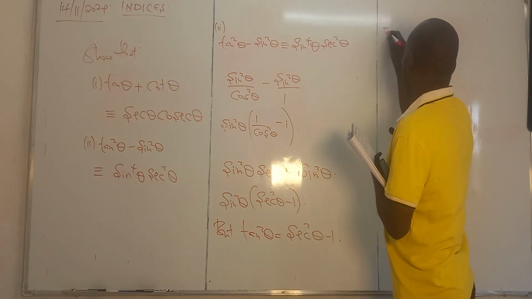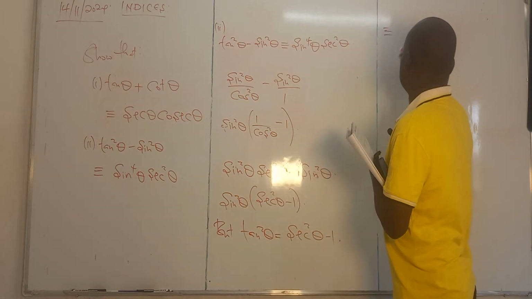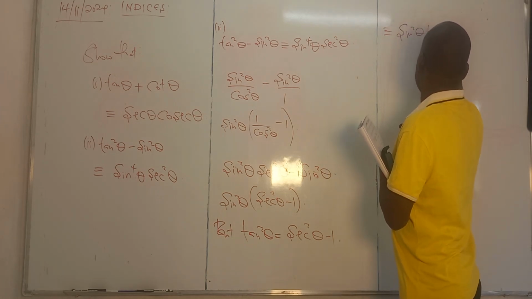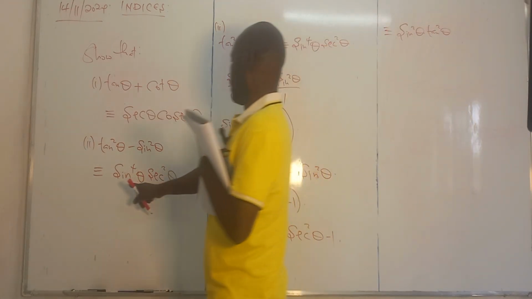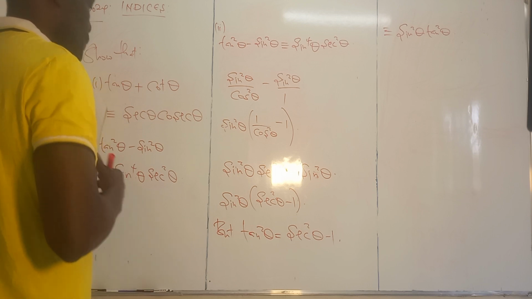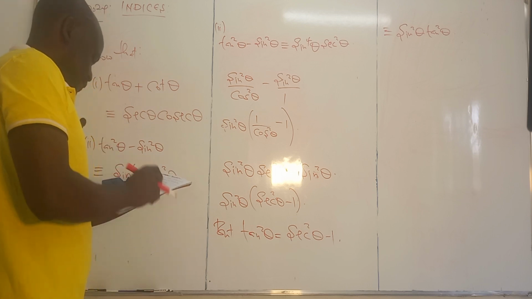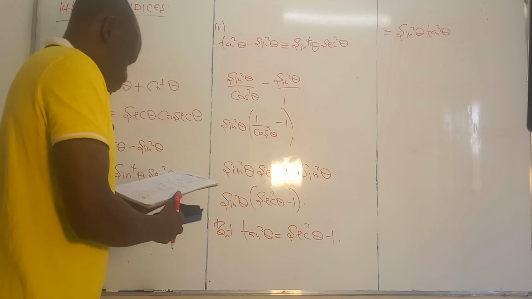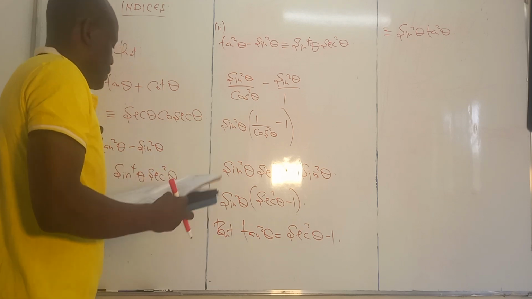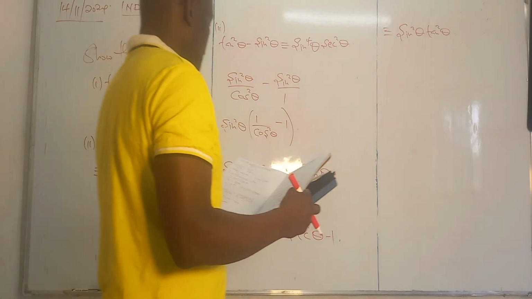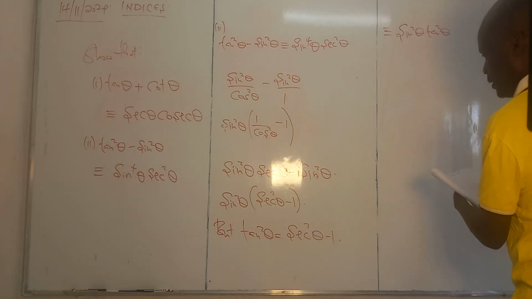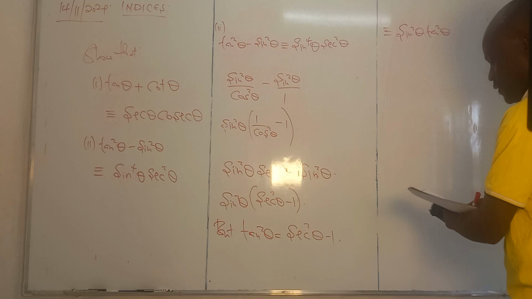And so that leaves us with sin squared theta tan squared theta. Once we have that, we already have sin squared theta times tan squared theta.